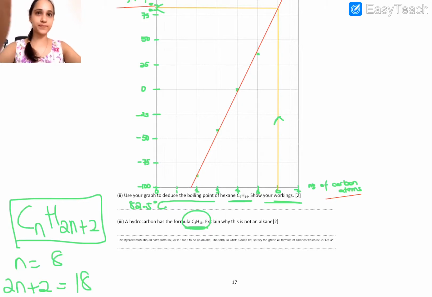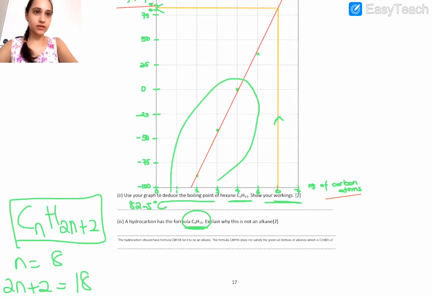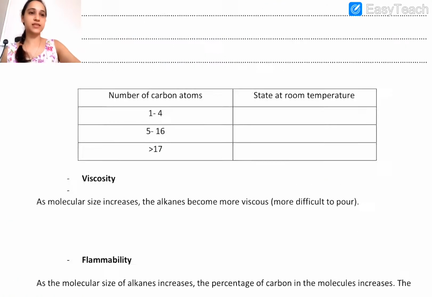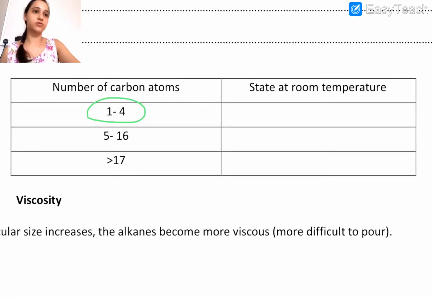These are the low numbers of carbons, and that would be room temperature over here. Anything that has a boiling point below room temperature is going to be a gas. So from this we can see that carbon numbers 1 to 4 are going to be gases at room temperature.